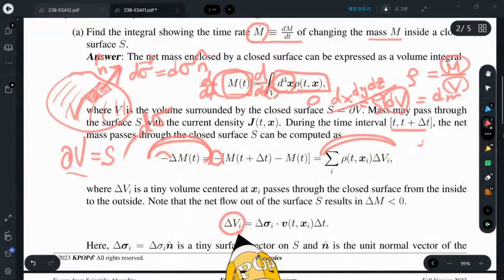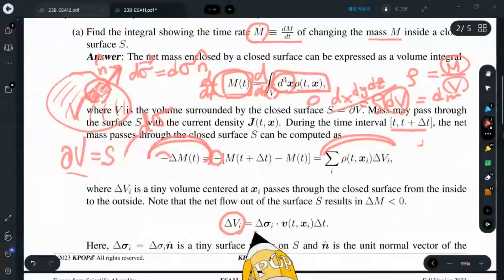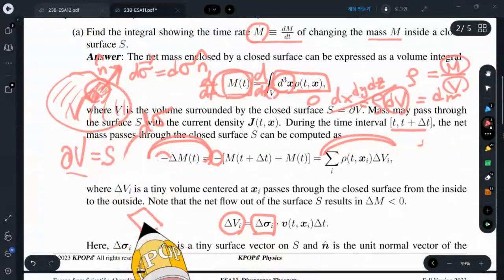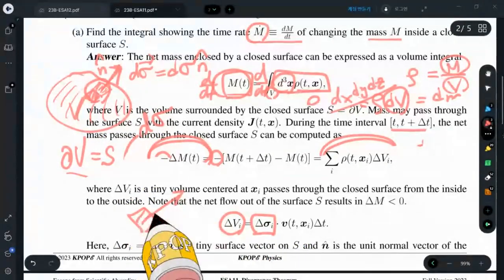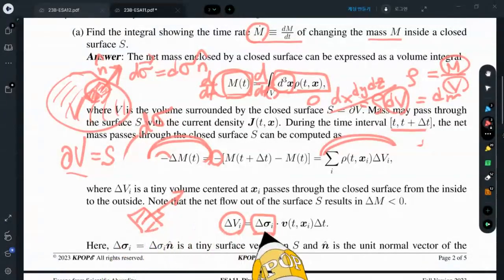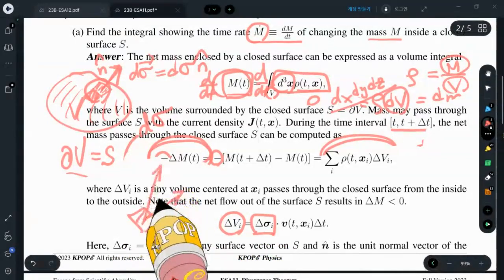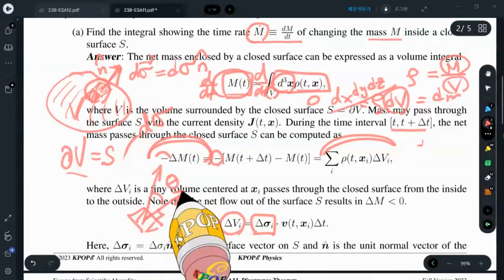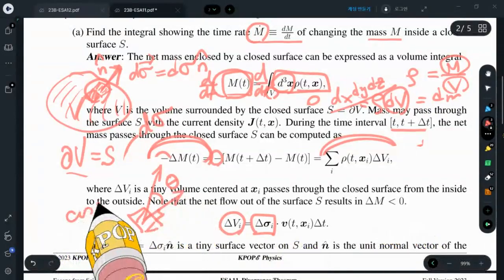Next, what is the volume? This volume element, this sigma is the cross-sectional area, and this is a vector. It has a direction perpendicular to this surface from inside to outside. So for the velocity, if the flow is not perpendicular to this normal direction, there is a factor of cosine theta.